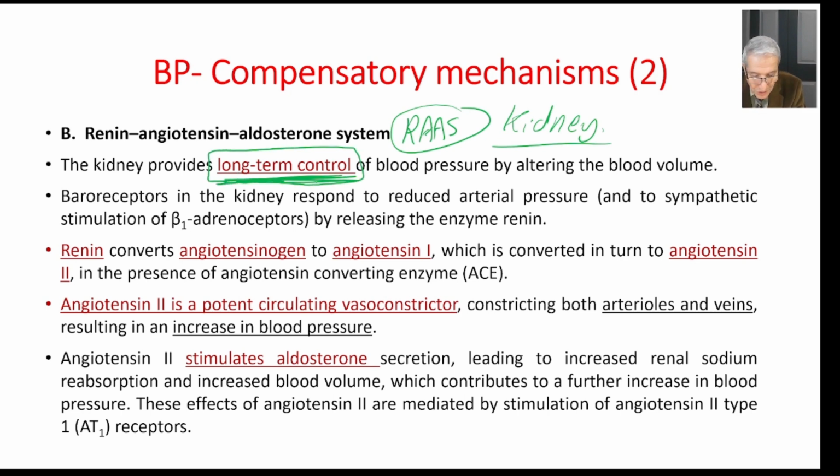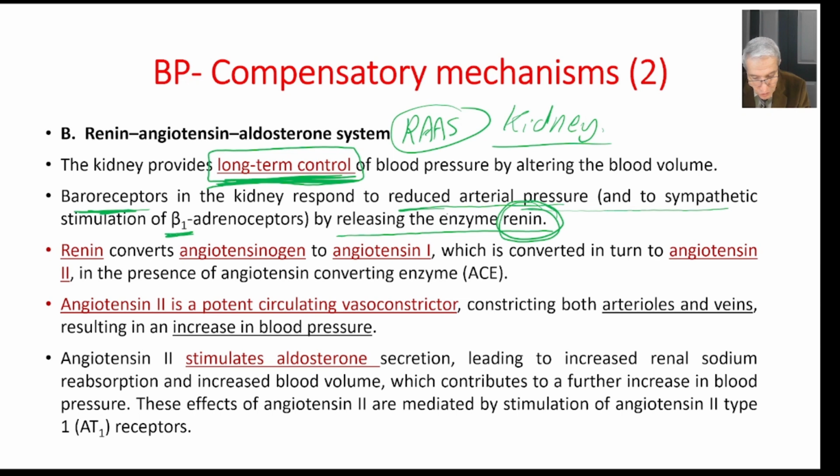We need to underline that the kidney provides long-term control of blood pressure by altering blood volume. We have baroreceptors in the kidneys that respond to reduced arterial pressure, and to the sympathetic system beta-1 receptor, releasing an enzyme called renin.